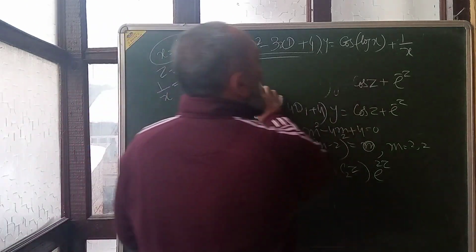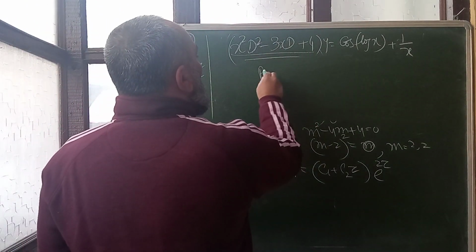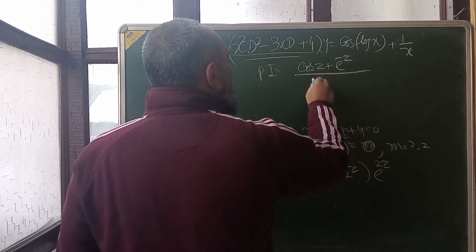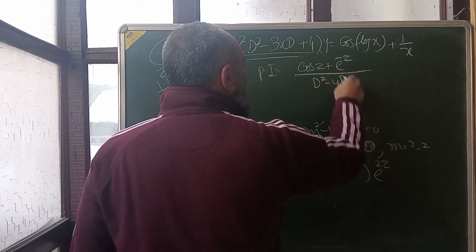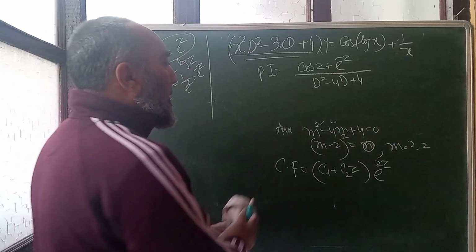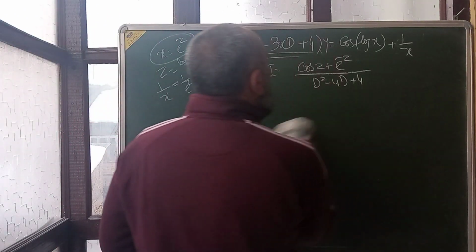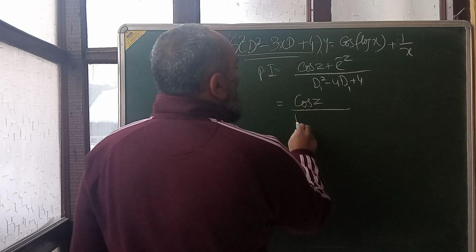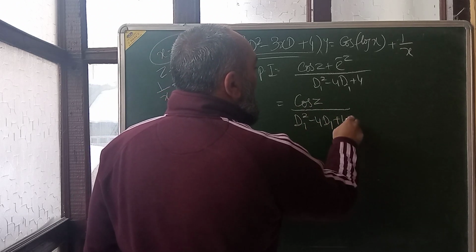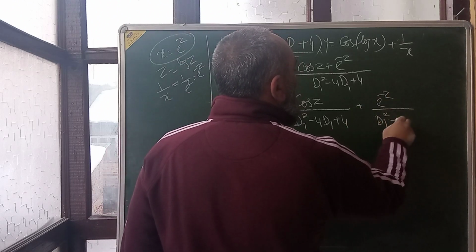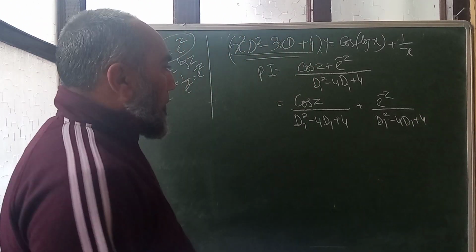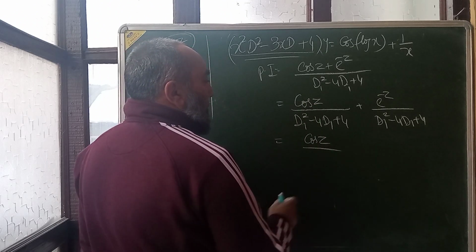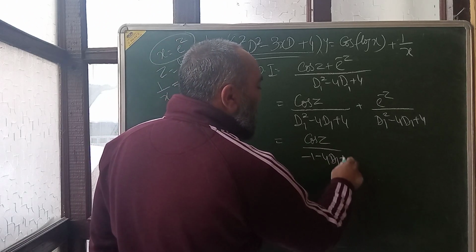Now particular integral. Particular integral is cos z plus e raised to the power minus z, divided by D1 square minus 4 D1 plus 4, that is (D1 minus 2) whole square, D1, not D. This is cos z upon D1 square minus 4 D1 plus 4, then e raised to the power minus z upon the same. So for cos, you replace D1 square by minus 1: cos z upon minus 1 minus 4 D1 plus 4.